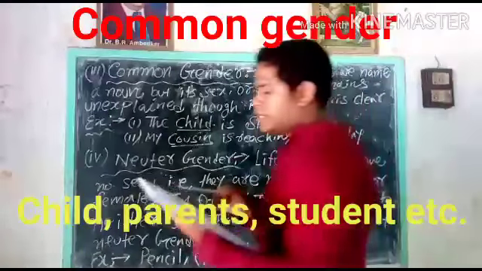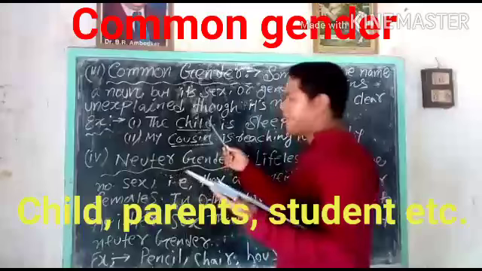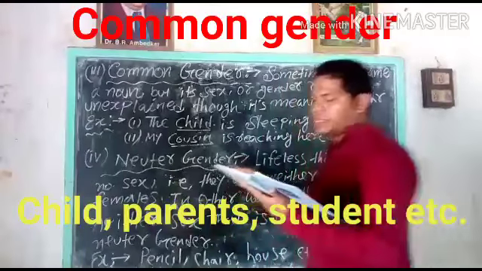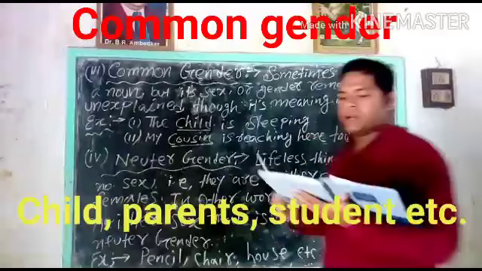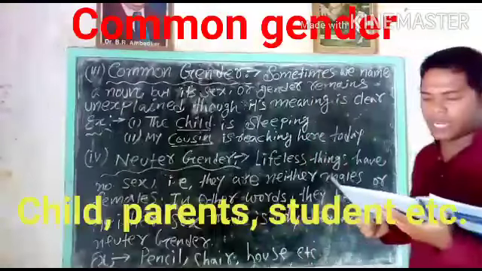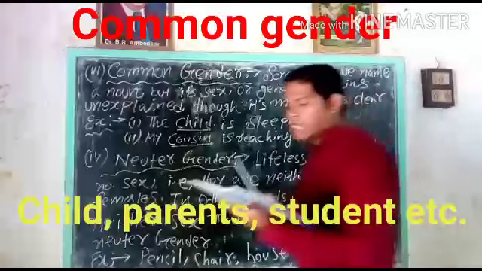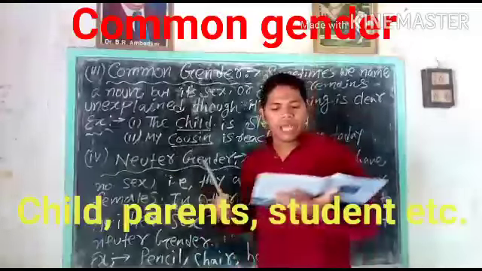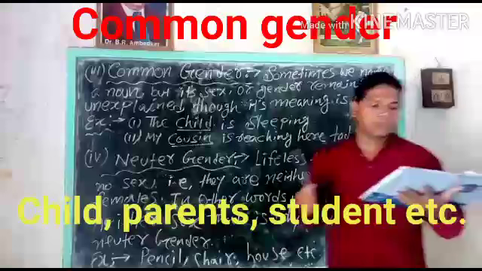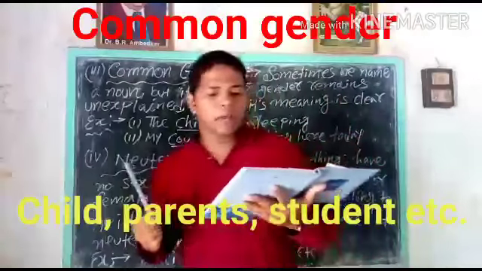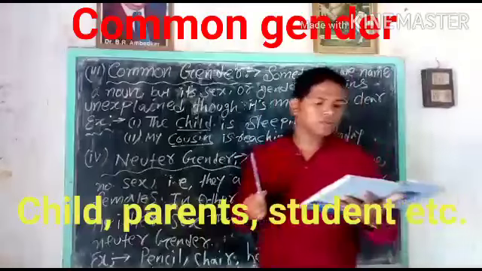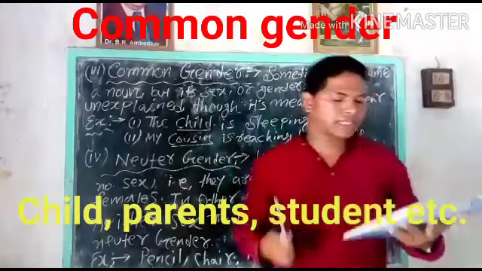Answer: in these sentences, nouns like child and cousin are clear as far as their meanings are concerned, but their gender is not clear at all. A child can be a boy or a girl, and the cousin can be a man or a woman. Such nouns are common to both the sexes.